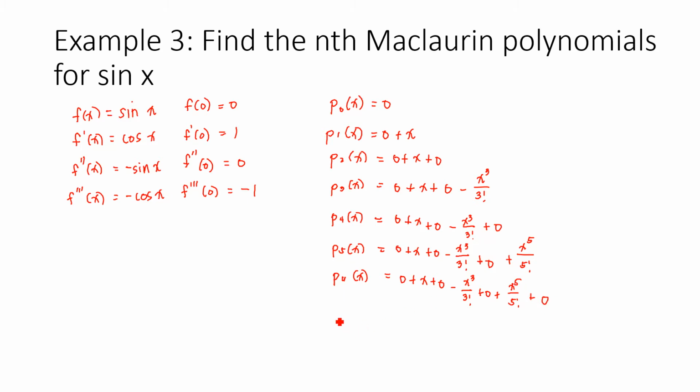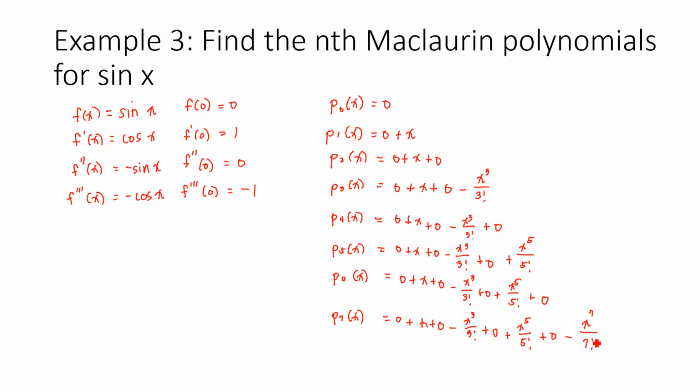And our p sub 7 of x would be equal to 0 plus x plus 0 minus x cubed over 3 factorial plus 0 plus x to the fifth over 5 factorial plus 0 minus x to the 7th over 7 factorial.